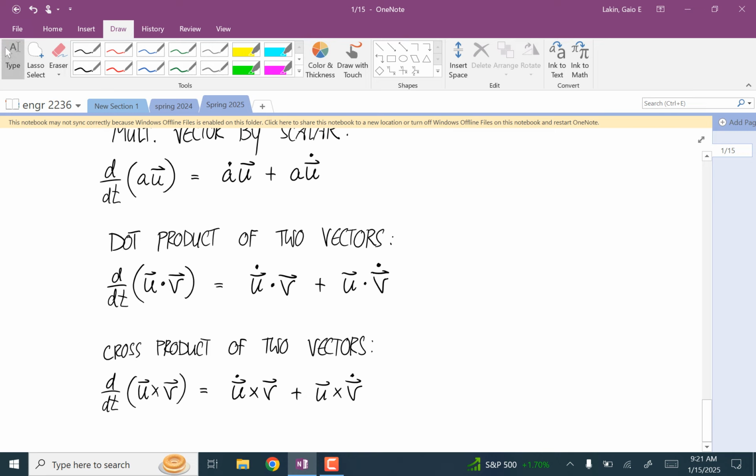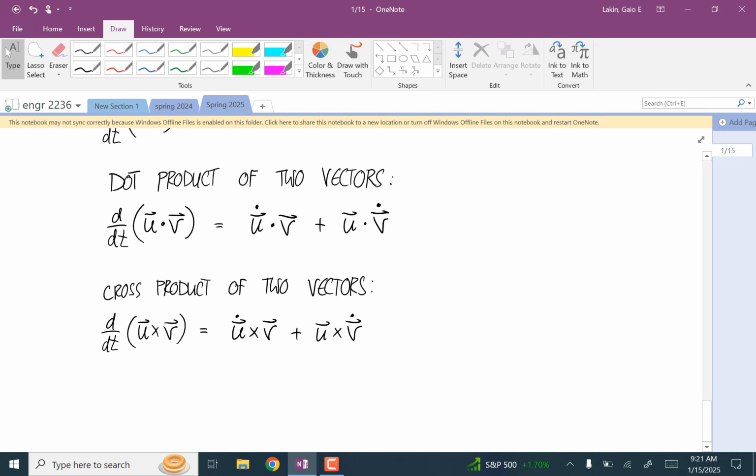But there's one thing I want to point out. This works as long as you think of the product rule as derivative of the first times the second plus the second times the derivative of the first. Okay? What if you think of it like this?